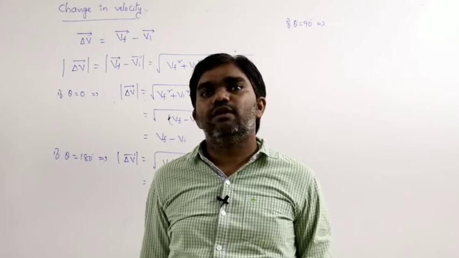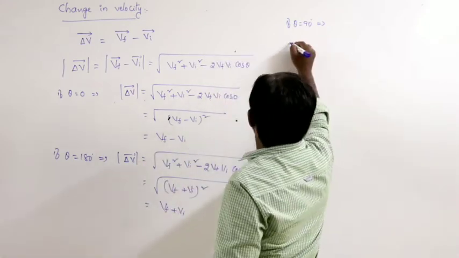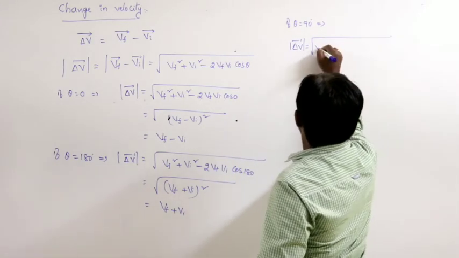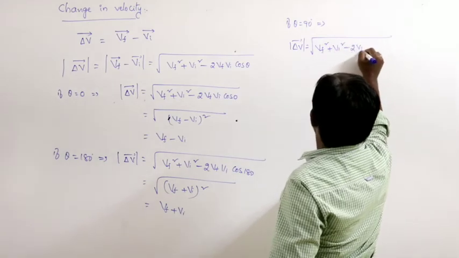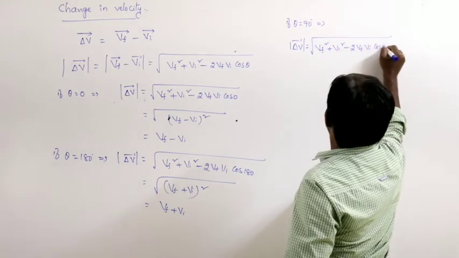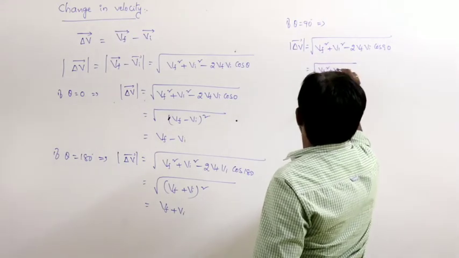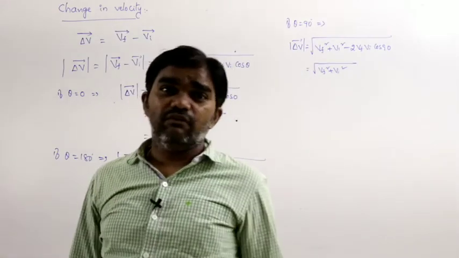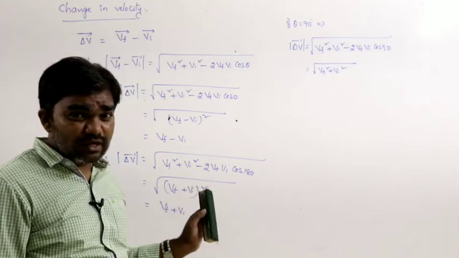The angle between these two is 90. What is the change in velocity here? Delta V bar equals under root Vf square plus Vi square minus 2 Vf Vi cos 90. Cos 90 is 0, so it is under root Vf square plus Vi square.